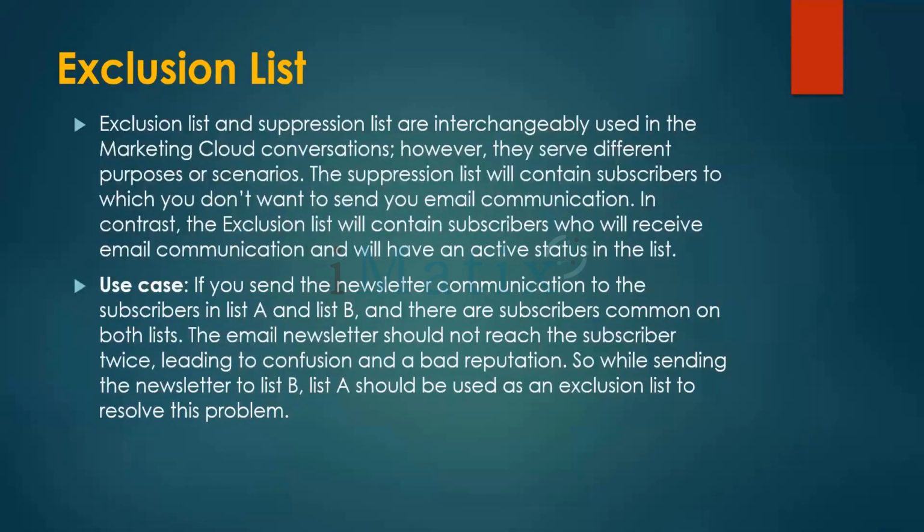You have to categorize some emails that you do not want to send communication to. The exclusion list will contain subscribers who will receive email communication and will have an active status in the list.